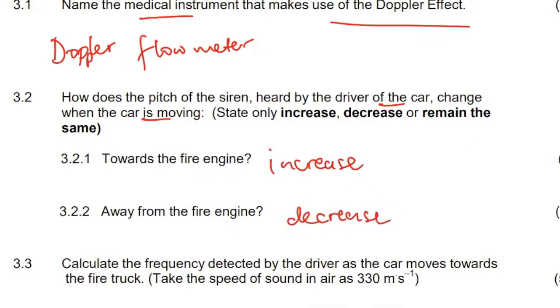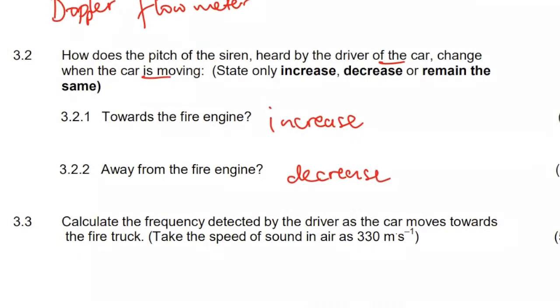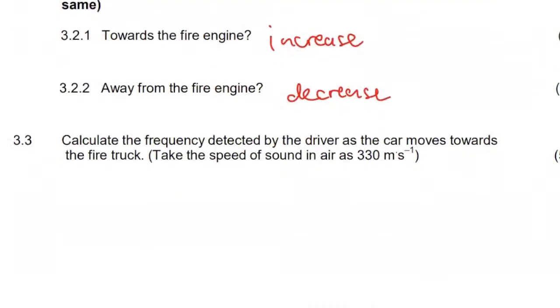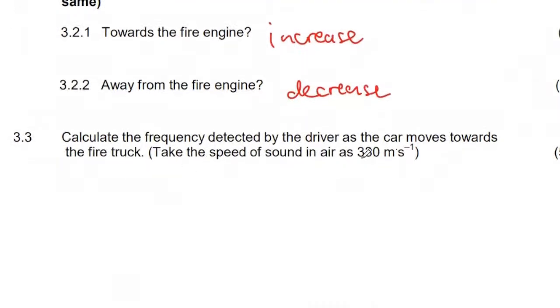And then 3.3, they want us to calculate the frequency that is detected by the driver of the car, not of the fire engine truck, as the car moves towards the fire engine. So what is the frequency of the listener? It's what they want us to get.